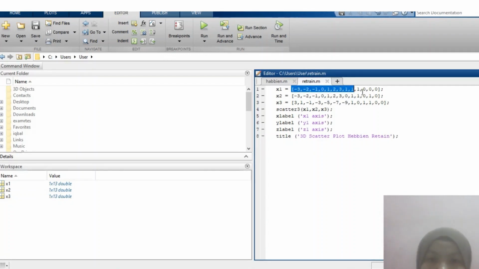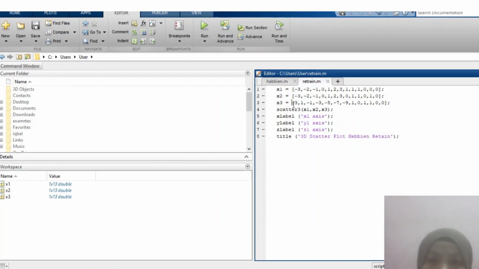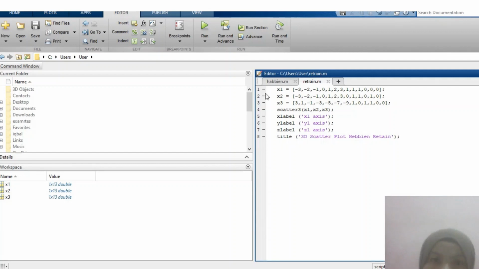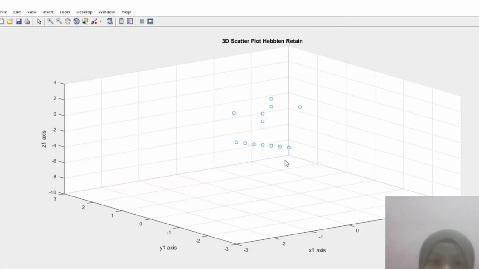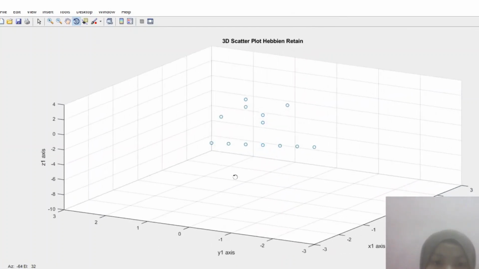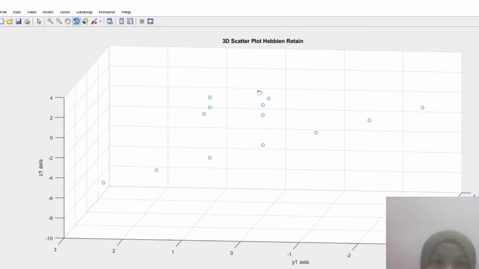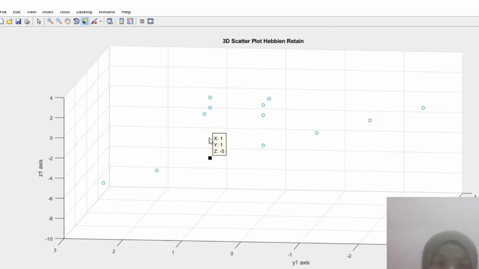So this is the new value that we arranged, and we calculate and get this value, and we sketch the graph. We get this graph for the value of each point.